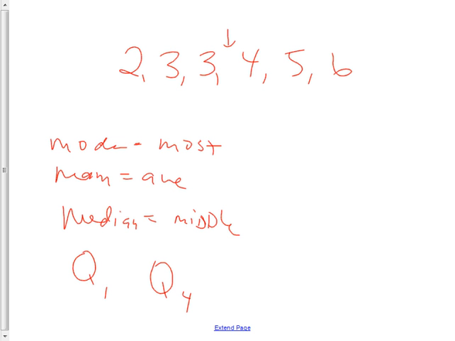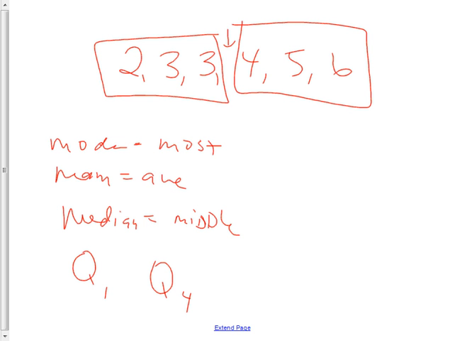If I divide this up into halves by finding the middle one, then the ones that are down here make the lower half, and the ones that are up here are the upper half. Then what you do to find Q1 is you find the middle of the lower half.